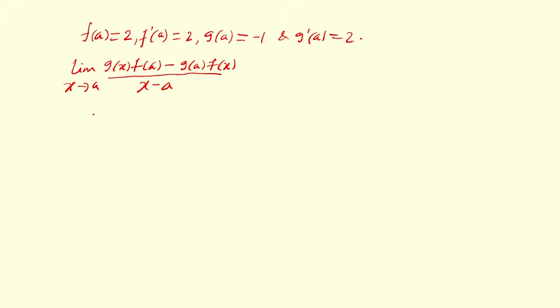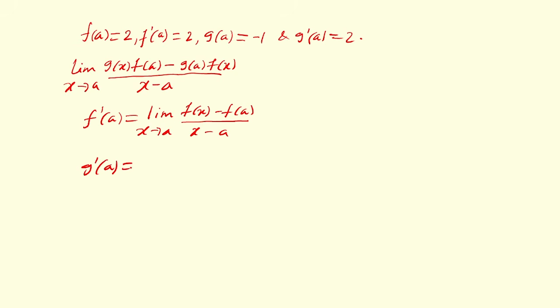We know f prime at a means limit of f of x minus f of a over x minus a as x approaches a, and g prime at a is limit of g of x minus g of a over x minus a as x approaches a. We have here f prime at a is 2 and g prime at a is 2.